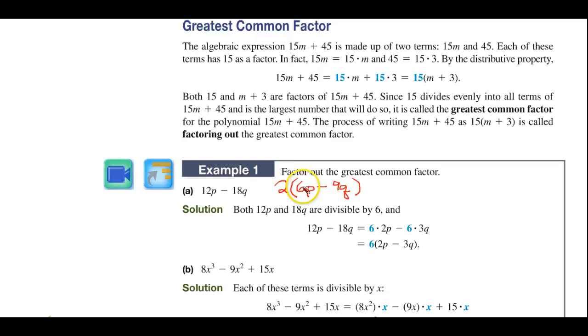Now looking at the items in the parentheses, we see, wait a minute, there's still a common factor of 3 there. So the common factor that you could take out of both of those is actually a 6. So when you do take the 6 out, notice what's left inside the parenthesis. There is no longer any common factor. So you have taken out the greatest common factor.